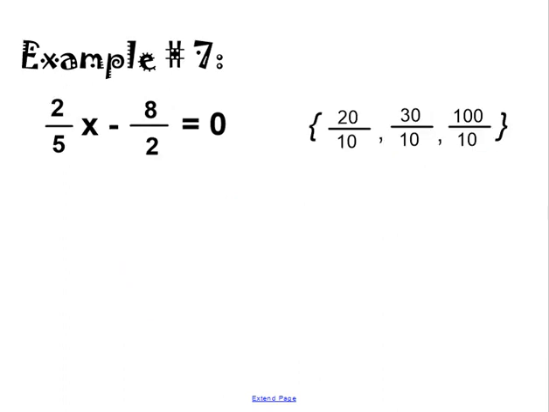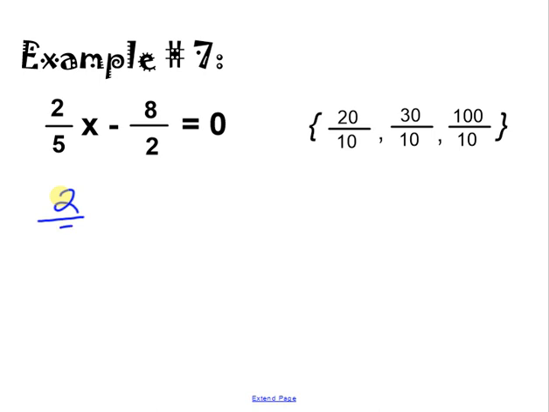Okay, let's try example number 7. Do not get overwhelmed by the fractions. Okay, it's going to be all right. Okay, so we're looking for 2 over 5x minus 8 over 2 equals 0. So we're going to go ahead and start with our first number in the set.